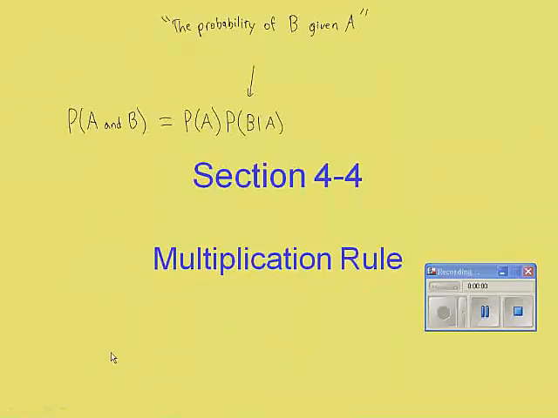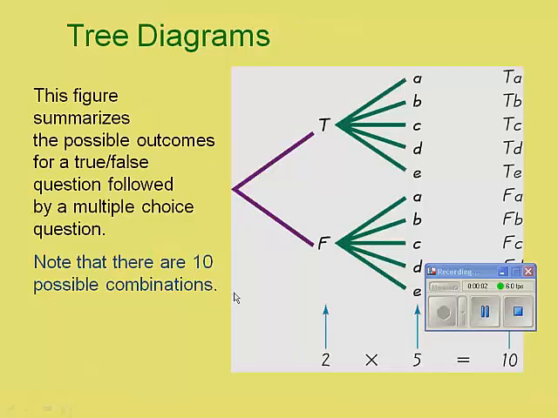You take a look at the tree diagram up here. Here's an example. This figure summarizes the possible outcomes for a true-false question followed by a multiple choice question. Imagine on your last exam, I ask a true or false, and then I ask a multiple choice where you could answer A through E. How many different answers could there be?